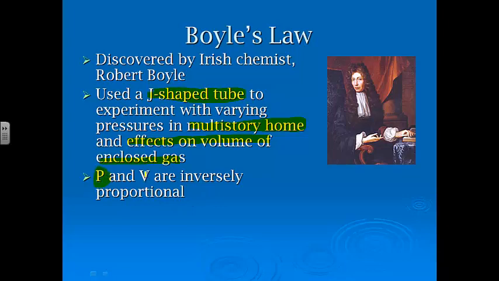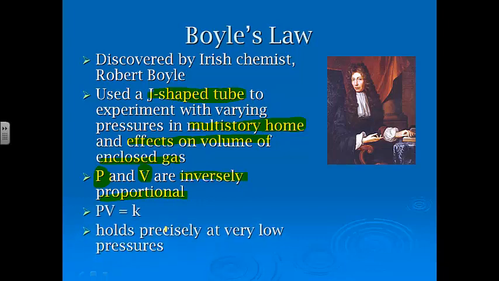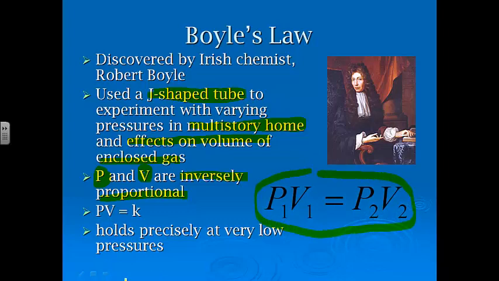Essentially what he found is that the pressure and the volume are inversely proportional. It holds precisely at very low pressures, so you have to keep things a little bit low on that. And then his equation is P1V1 equals P2V2.